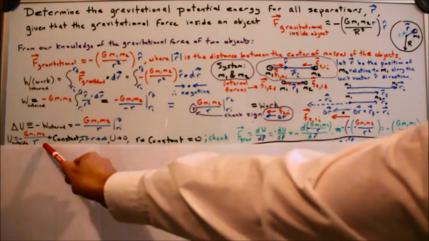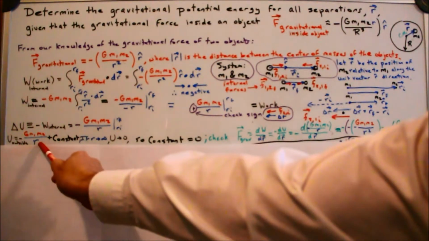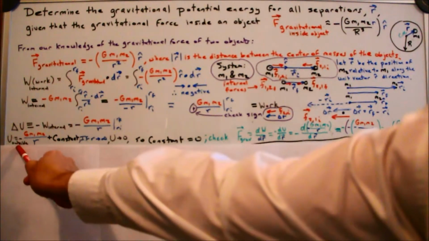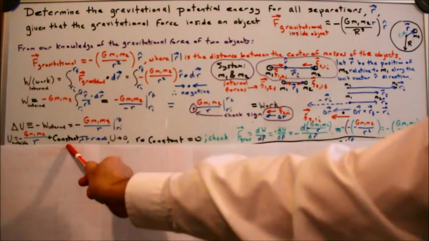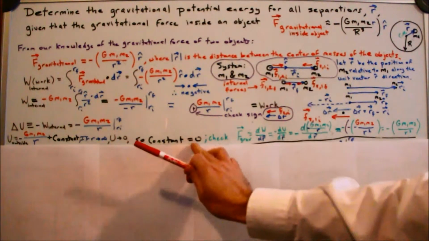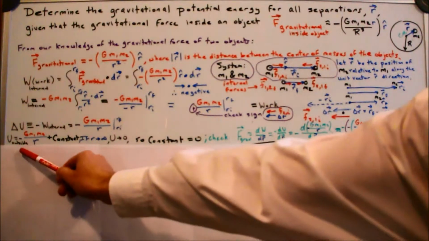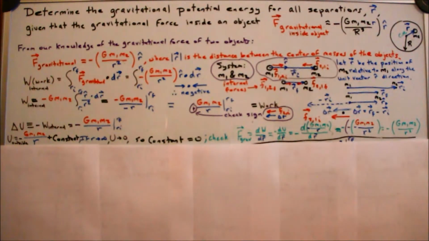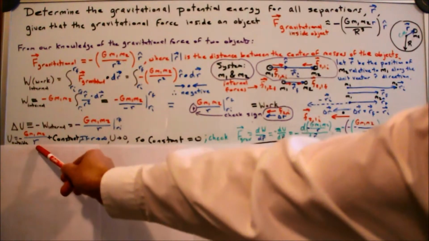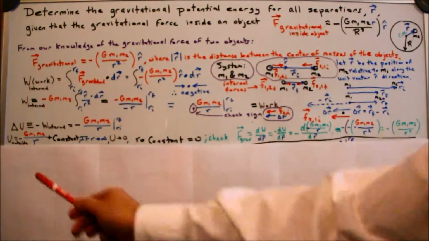So as r goes to infinity, this term goes to 0, and so the constant must be 0. Therefore, there really is no constant. So this is what we've solved as far as the potential energy: it is negative, and it's inversely related to r.